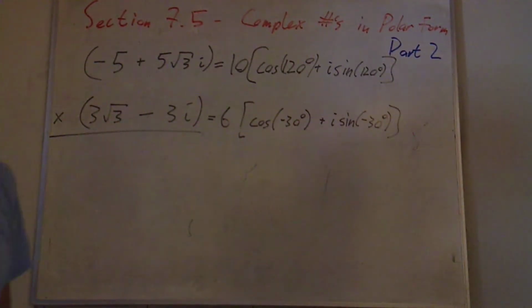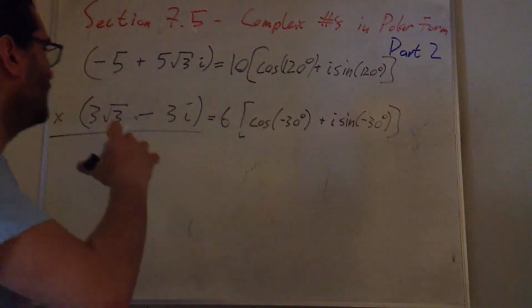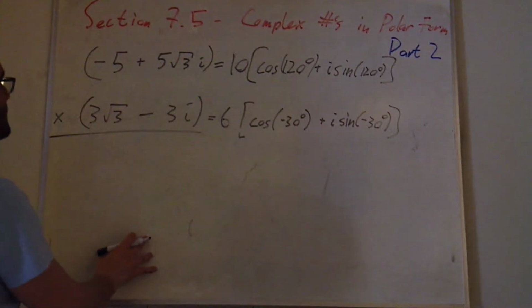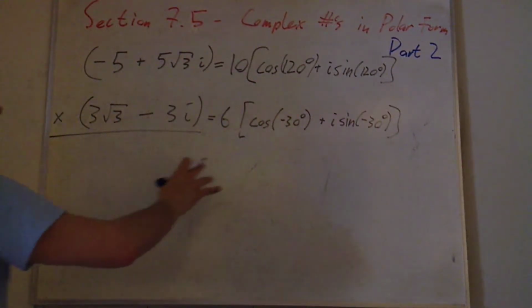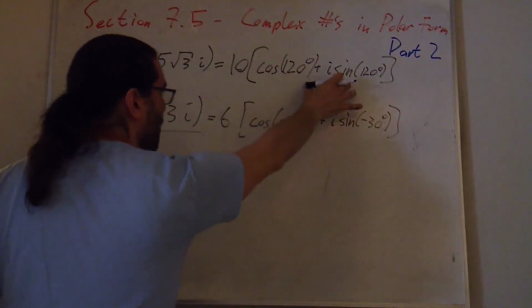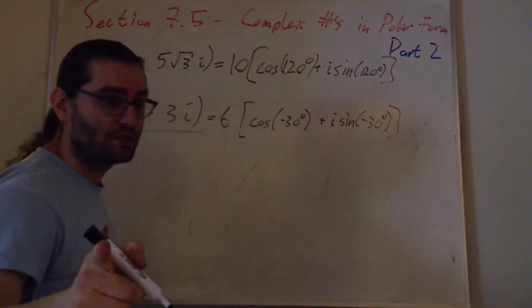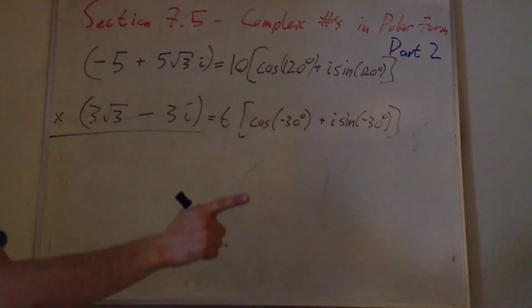So here I'm going to do that process, and we'll see what happens. And then we're going to see what happens if we try to multiply them when they look like this. And you might be surprised how convenient this is going to get.